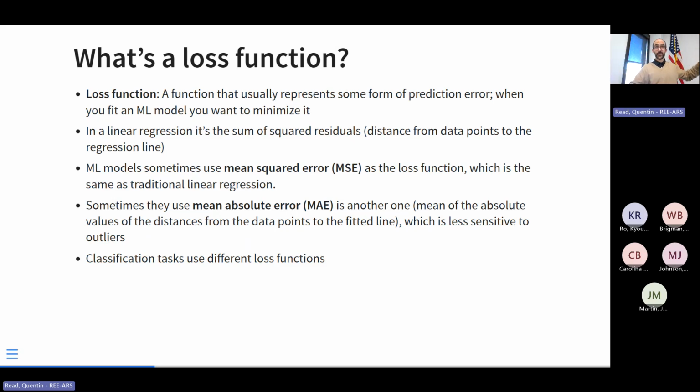But if you're doing classification, you have to use a different loss function. I won't get into the details too much, but the basic point is that anytime you have a model, machine learning or not, you have to pick some function that you're trying to optimize that tells you how good your predictions are, and you want to make that as low error as possible.